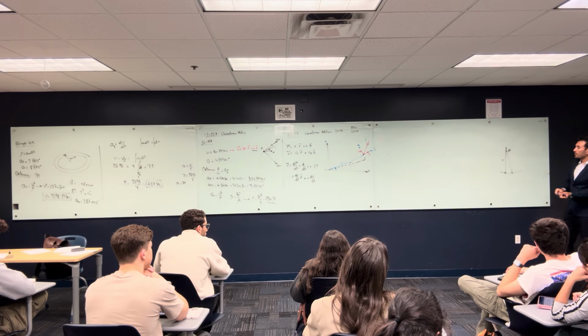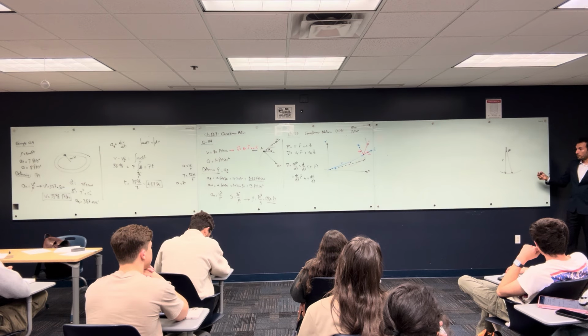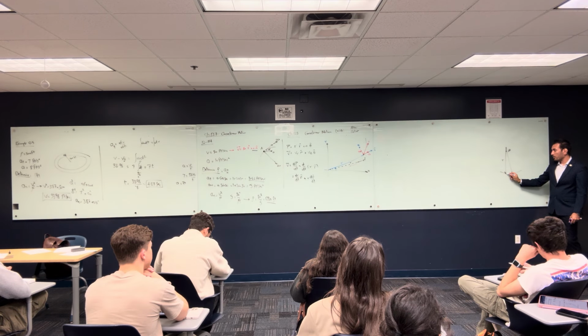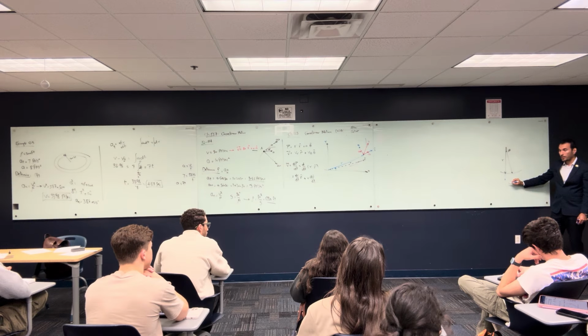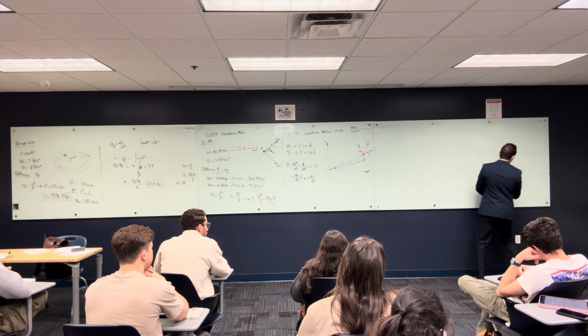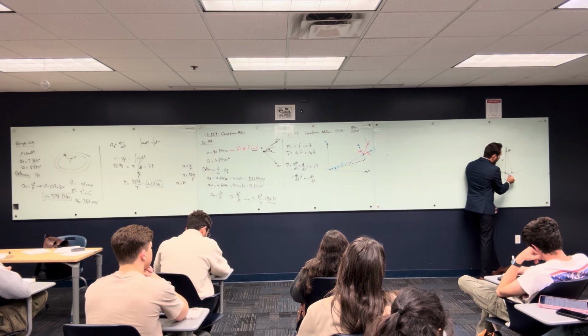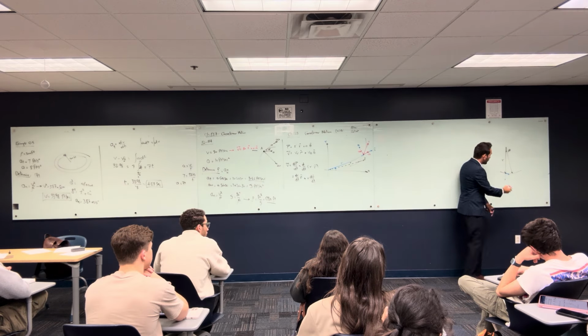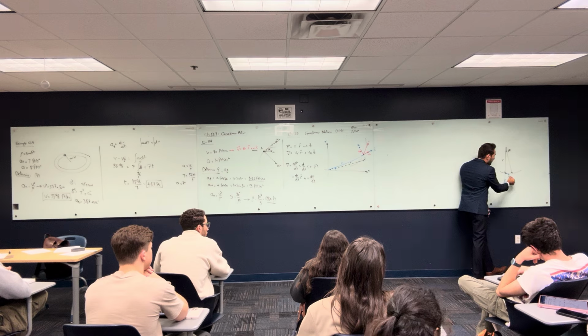Can you guys tell me where the r and theta directions are? The body starts here and ends here. r is always in the direction of the radius, something like this. And theta is always in the direction of increasing theta. So the body is moving that way, so it's going to be in the increasing theta direction, perpendicular to r. So this is r and this is theta.